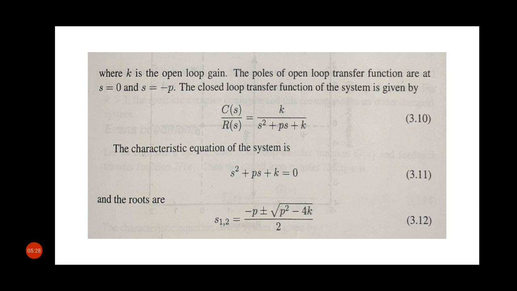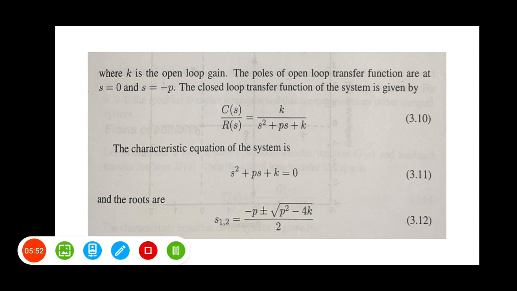The poles of the open loop transfer function are at s equal to 0 and s equal to minus p. Now the closed loop transfer function of the system, C(s) by R(s), is equal to K divided by s square plus ps plus K.